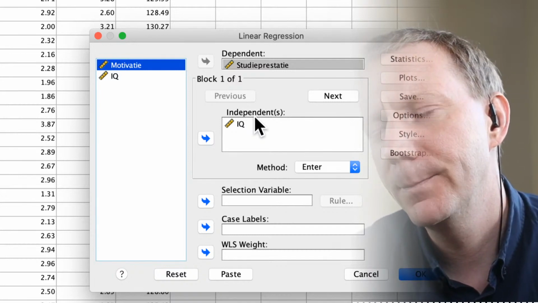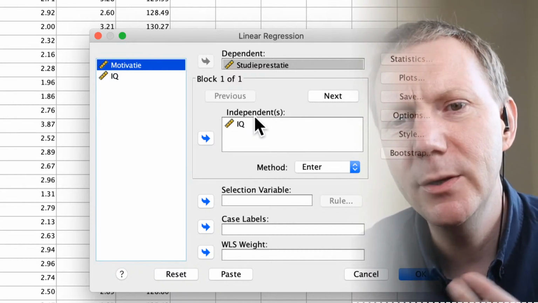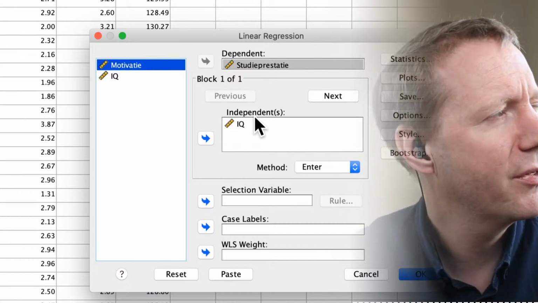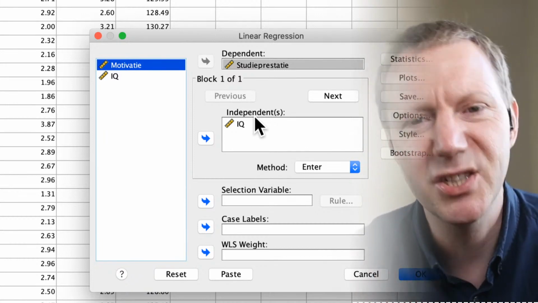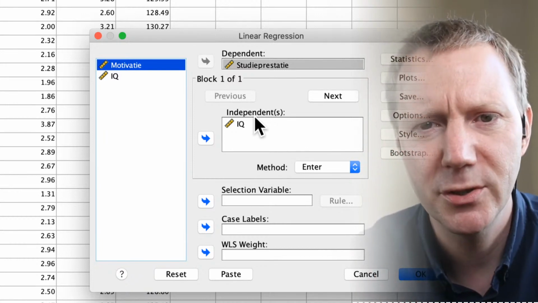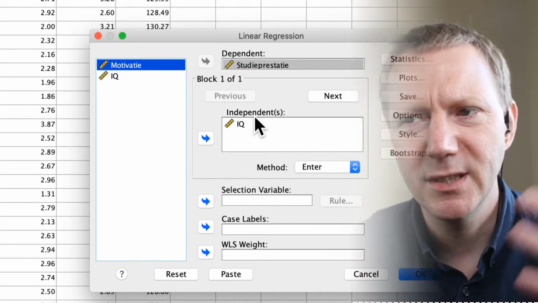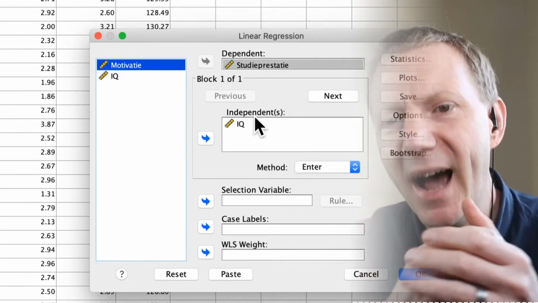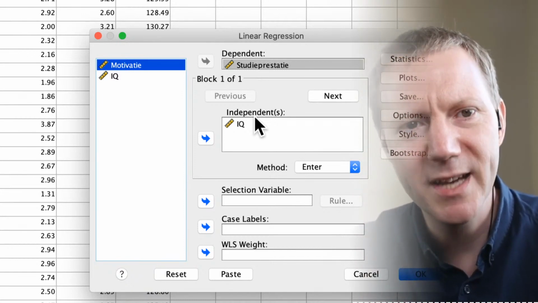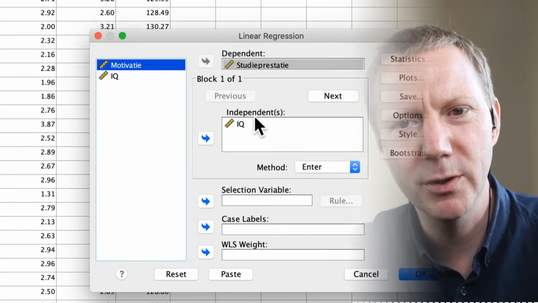So maybe there is some theory that is well established, but you as a researcher think, well, in this theory it is hypothesized that we have these variables, but I think that this variable also plays a very important role.